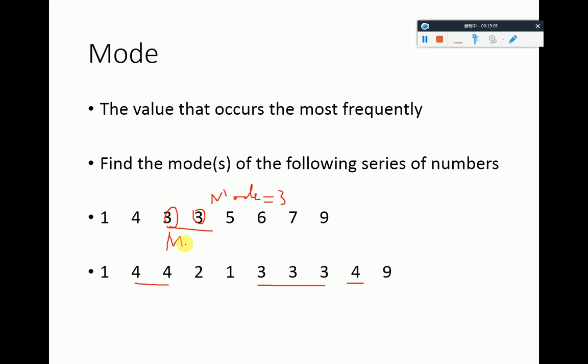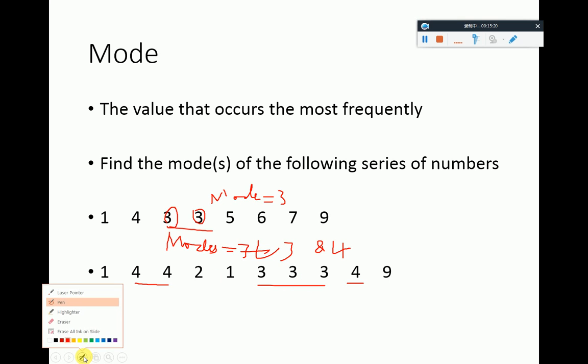So here we have two modes, which is entirely possible: 3 and 4. So a mode doesn't have to be a single value. There could be multiple modes for any distribution.